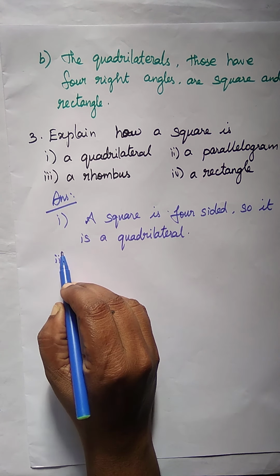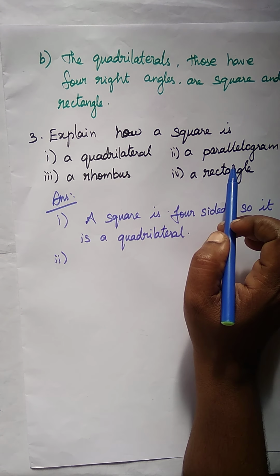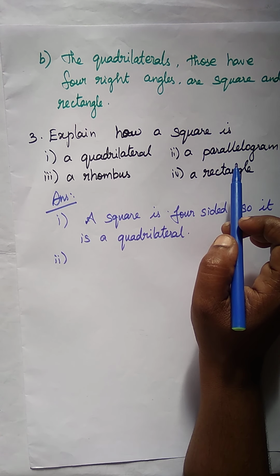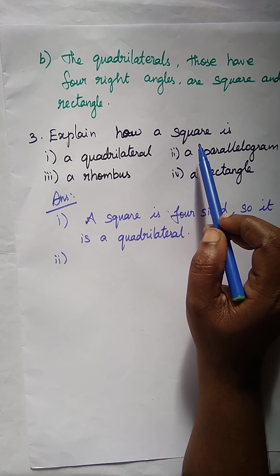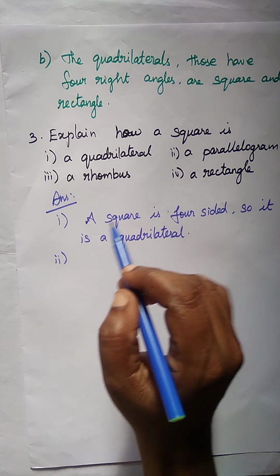Then second one. Next, a square is a parallelogram சொல்றாங்க. What is the definition of parallelogram? Opposite sides are equal and diagonals bisect each other அப்படின்னு சொல்றாங்க. Here square has all the sides equal, opposite sides are also equal. So it is a parallelogram.